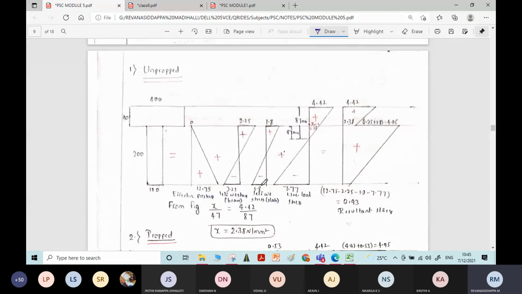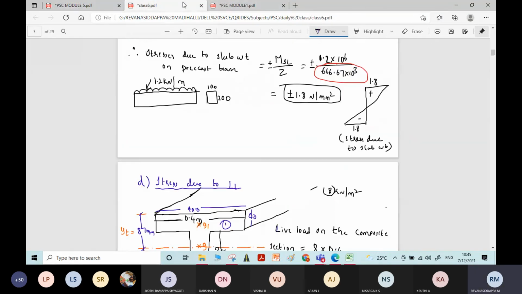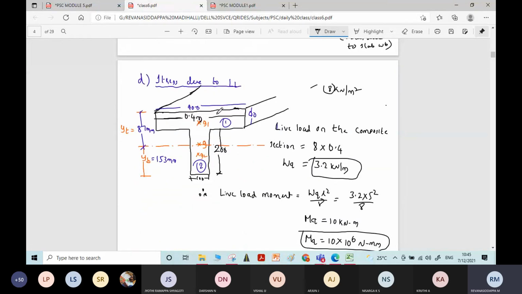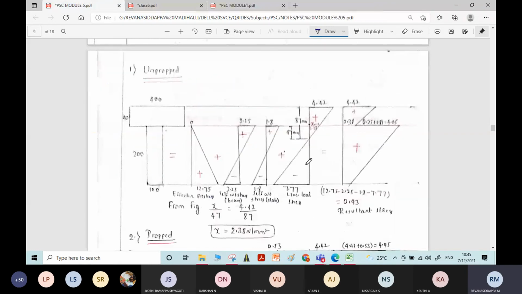Then lastly, fourth case, stress due to the live load. Whatever live load is acting on the composite section, it will act on the full T section, no? Therefore, stress distribution should be written with respect to the full height of the T section. Remember, students, this is important. Prestressing force will be there in the beam only, so with respect to the beam height you will write the prestress, and self weight of the beam will be for the height of the beam only.